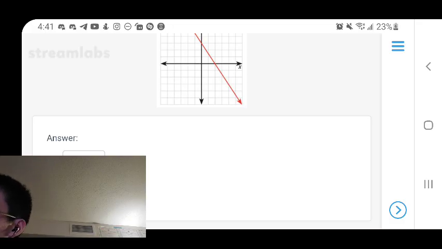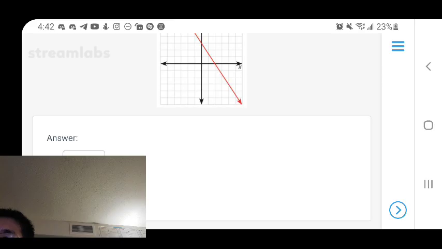Let's try 4 and negative 3. X is 4, so that's negative 12 over 2 plus 3, that's negative 6 plus 3. Yeah, that works too.